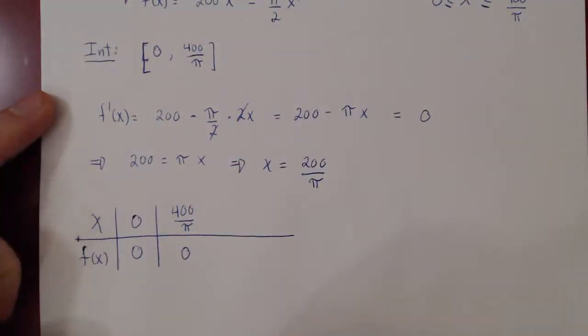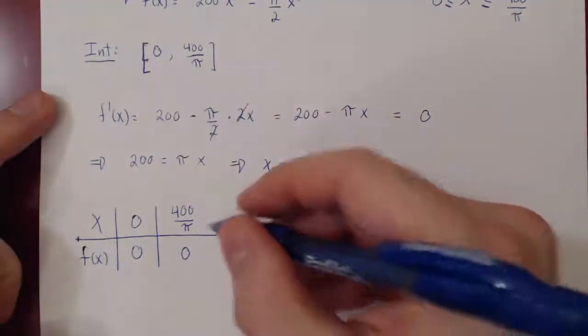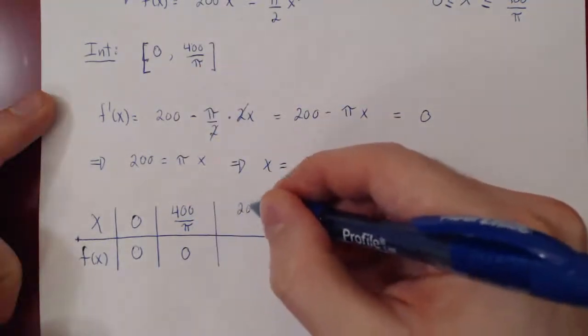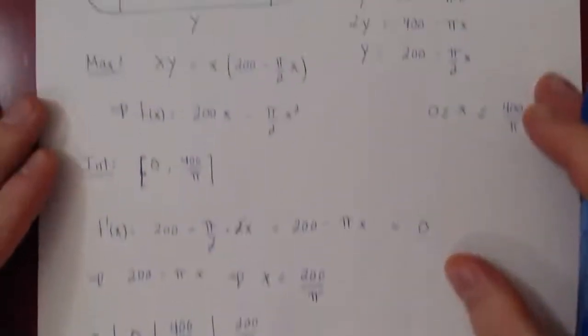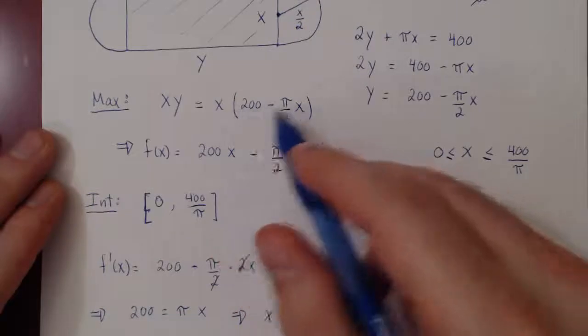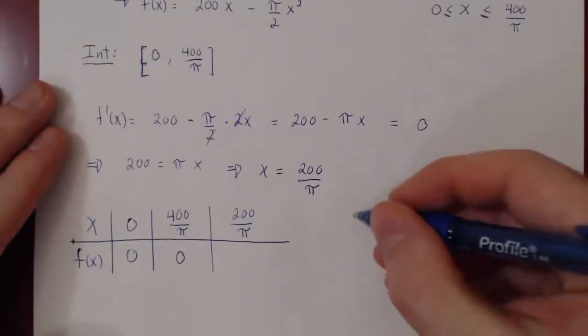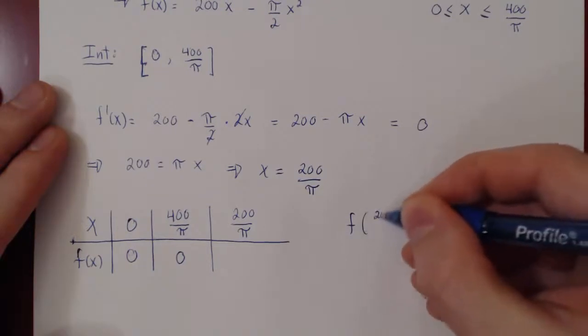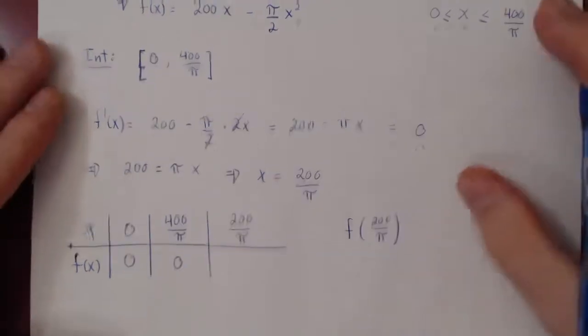The only other point to check is our unique critical point inside the interval, 200 over pi. And if you look at the function, again the factored form will make the calculation easier. Let's compute it here. F of 200 over pi gives us what?